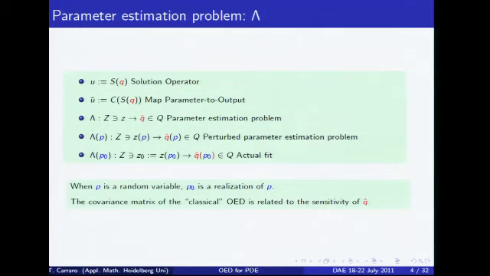Then I consider the perturbed parameter estimation problem. So capital Lambda is now parameterized by a parameter P, which is a perturbation of the data, and I say that capital Lambda is a map between perturbed data to an optimal point, which is a function of the perturbation of the data.